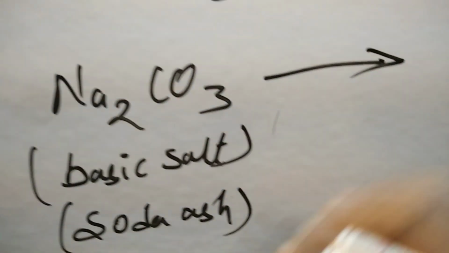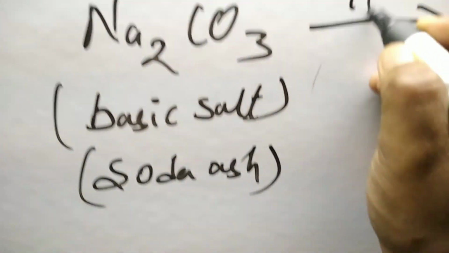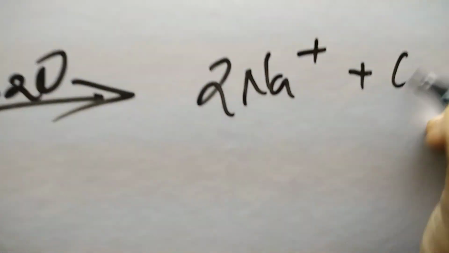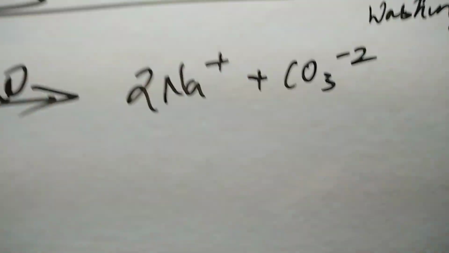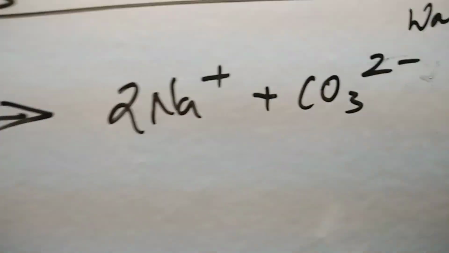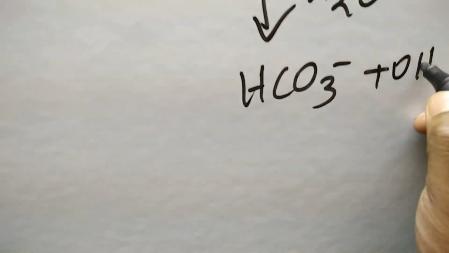So let's see here. When sodium carbonate reacts with water, it dissociates into 2Na plus and CO3 2 minus. Okay students, but this CO3 2 minus again reacts with water, forming HCO3 minus plus OH minus.